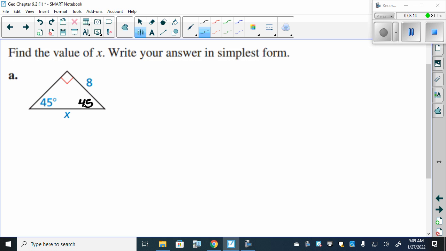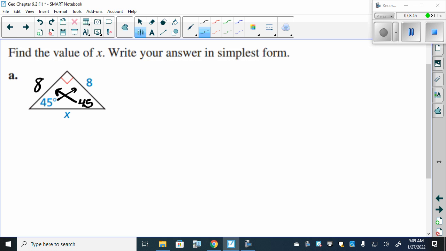The sides opposite the congruent angles are going to be congruent, so this side that's opposite 45 has to be 8. So x would be 8 times the square root of 2.